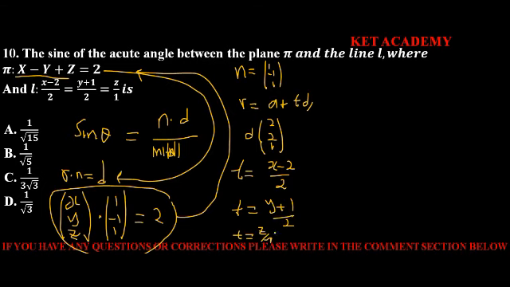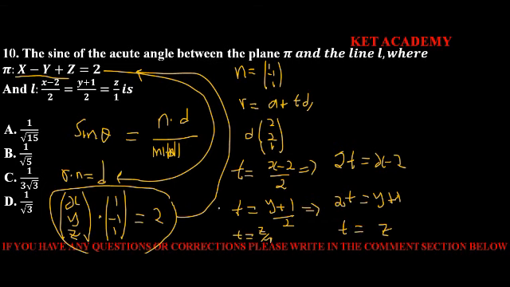Since all of these expressions are equal, they are also equal to this parameter. So this implies 2t equals x minus 2, then 2t equals y plus 1, and t equals z.